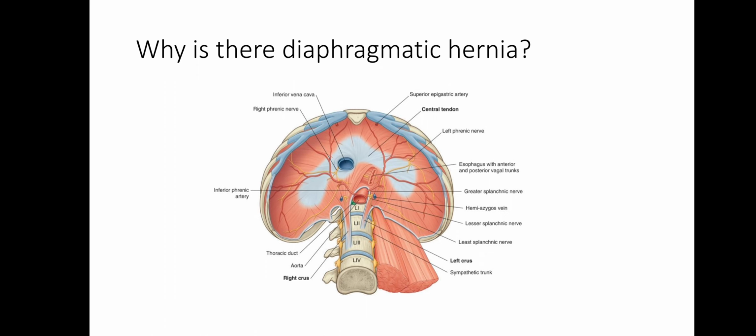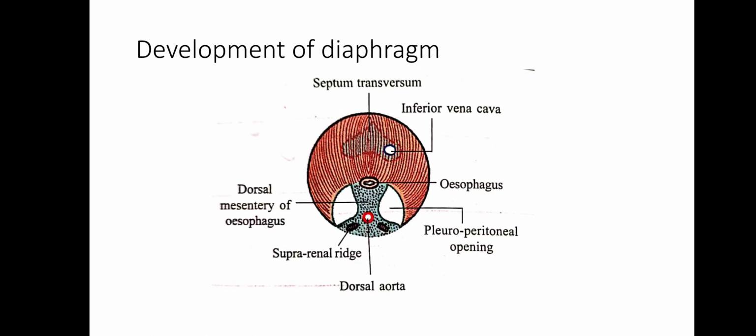We need to talk a little bit about the development of the diaphragm. The central tendon part develops from the septum transversum. The posterolateral triangular part is formed by the pleuroperitoneal membrane, which covers the pleuroperitoneal opening.